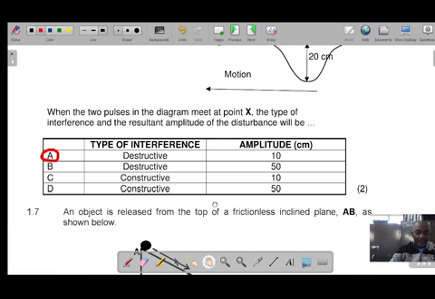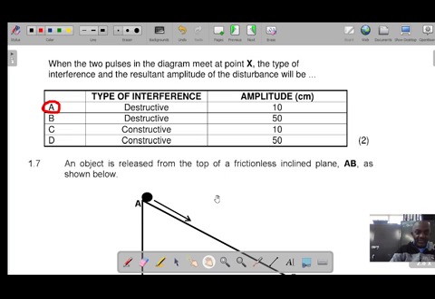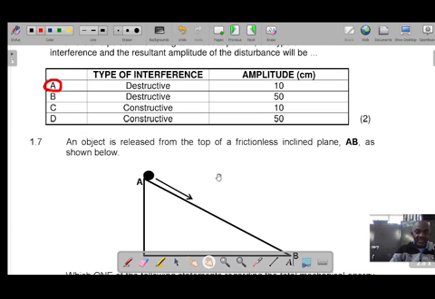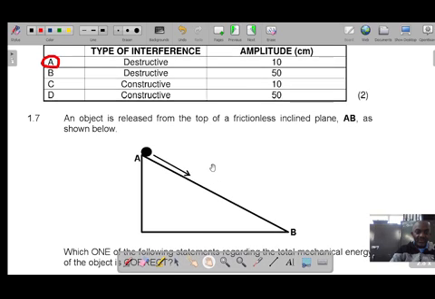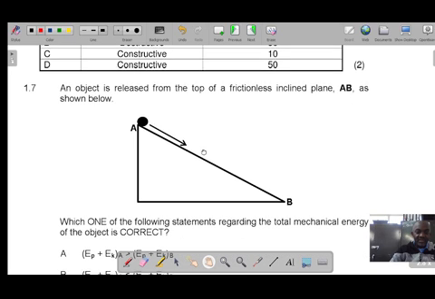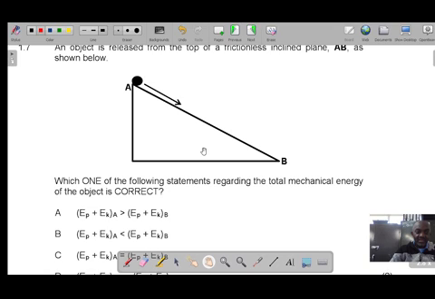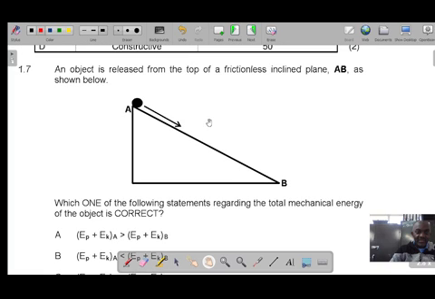1.7. They say an object is released from the top of a frictionless inclined plane AB as shown below. Which one of the following statements regarding the total mechanical energy of the object is correct? They said the plane is frictionless.